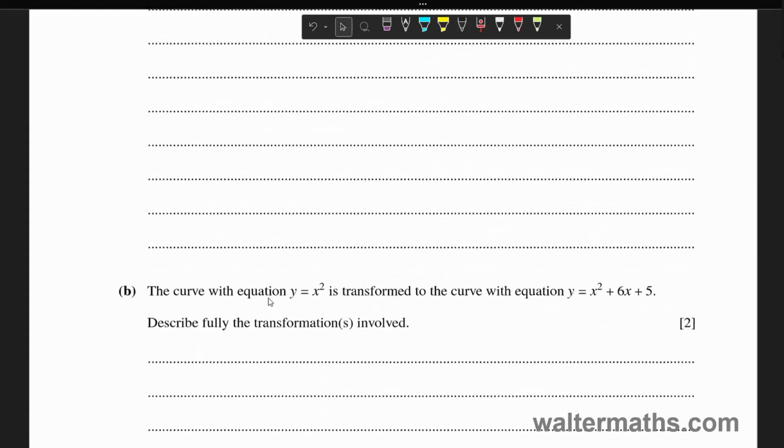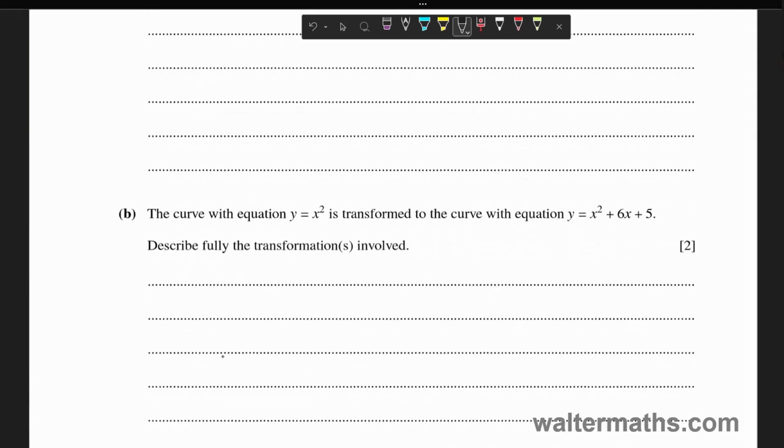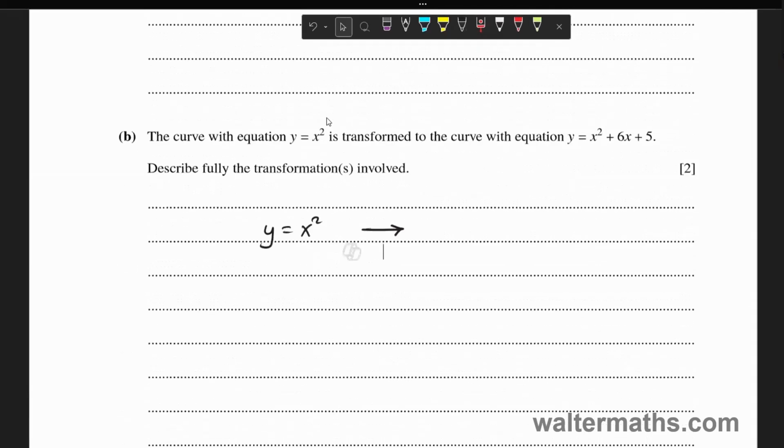On part B, they say the curve with the equation y is equal to x squared is transformed onto the curve y is equal to x squared plus 6x plus 5. Describe fully the transformations involved. So y is equal to x squared is being transformed onto this, which we got as x plus 3 squared minus 4.